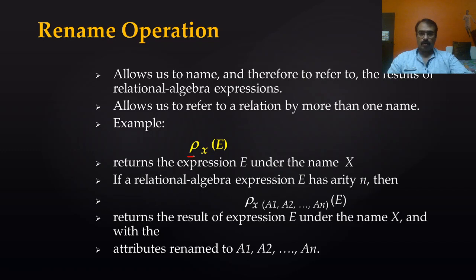X is the new name and E is the expression or the relation which is producing a table. So it returns the expression E under the name X. So these are the six or seven basic operations of relational algebra.